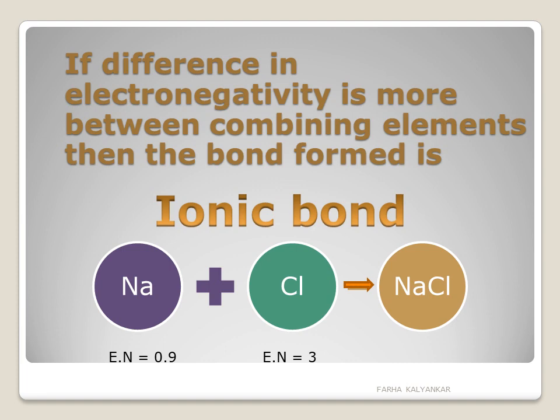We can see there is a huge difference in the electronegativity of the two atoms. So, when they combine to form the compound NaCl, the bond formed between them is an ionic bond.